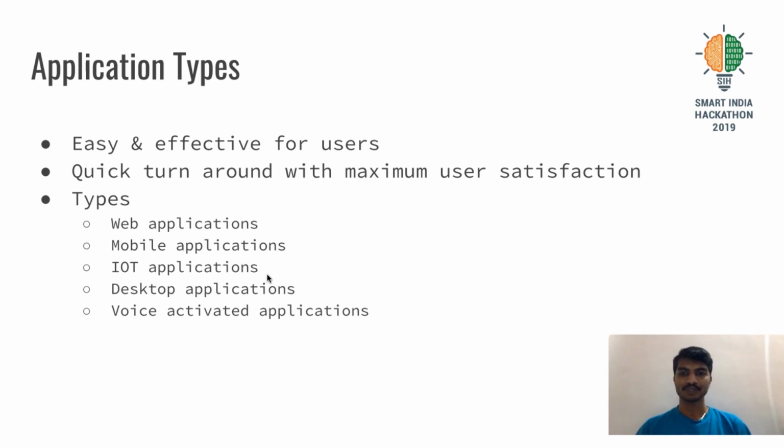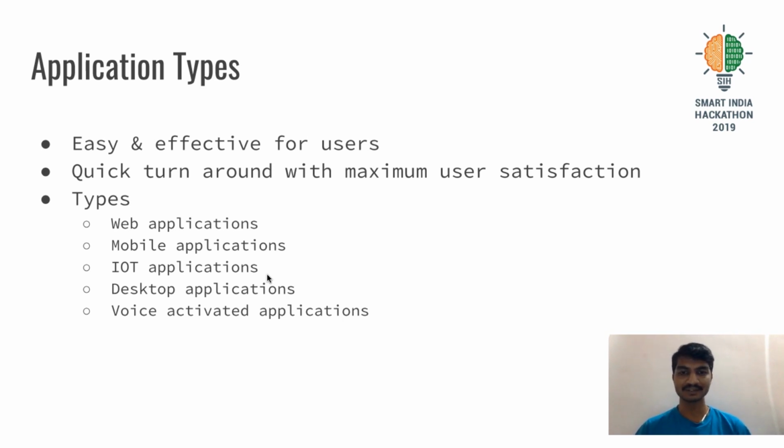So what are the things which we need to consider? It should be easy and effective for the users, and it should solve the purpose from where the original problem arose. Another important thing is quick turnaround time, because most of the time applications need to be delivered and tested with real users.